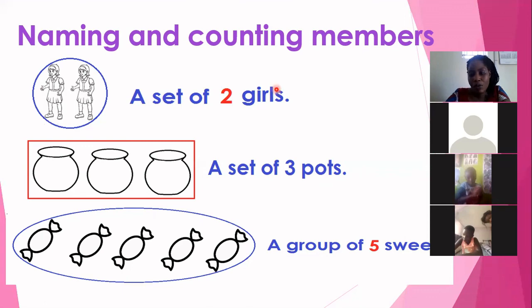We have to count first. Then after counting, we write the name of the members we have in a set. A set of 2 girls. Are we there, learners?